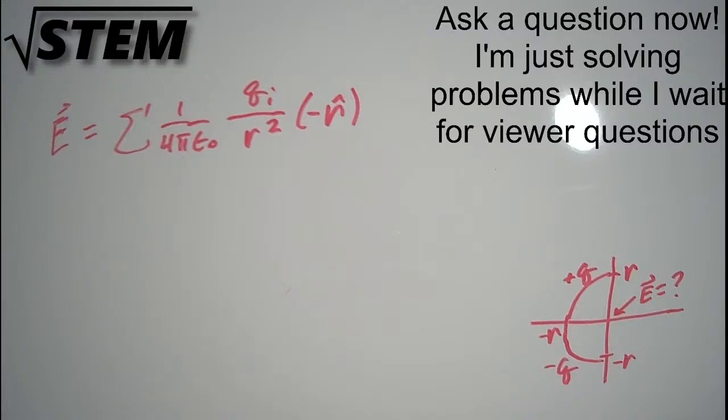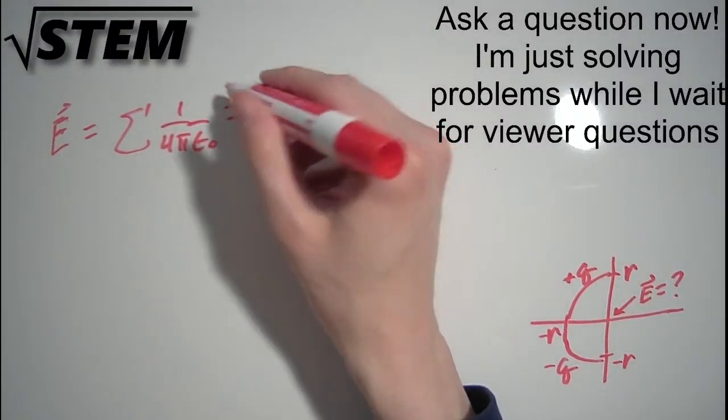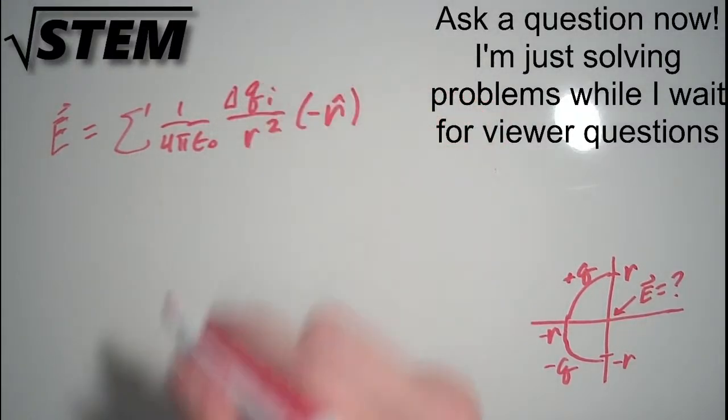I believe we can. And that's going to come from filling in qi. Actually, we should call that delta qi. I don't know why I erased the q just to put a delta in front of it.